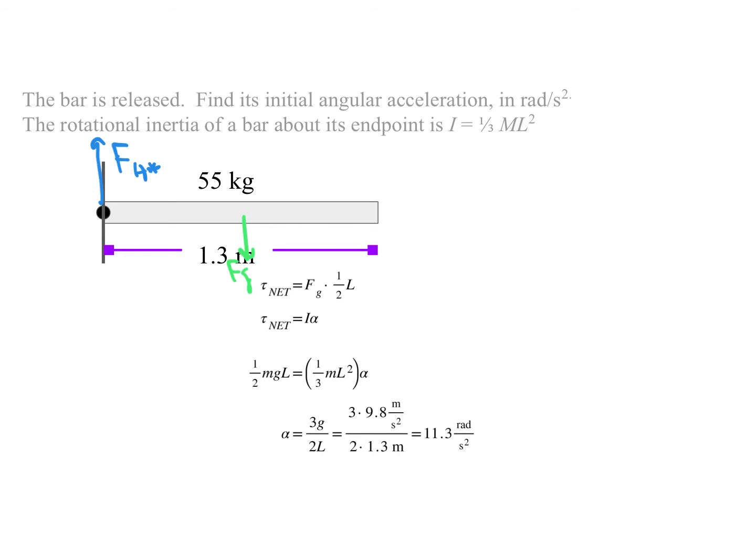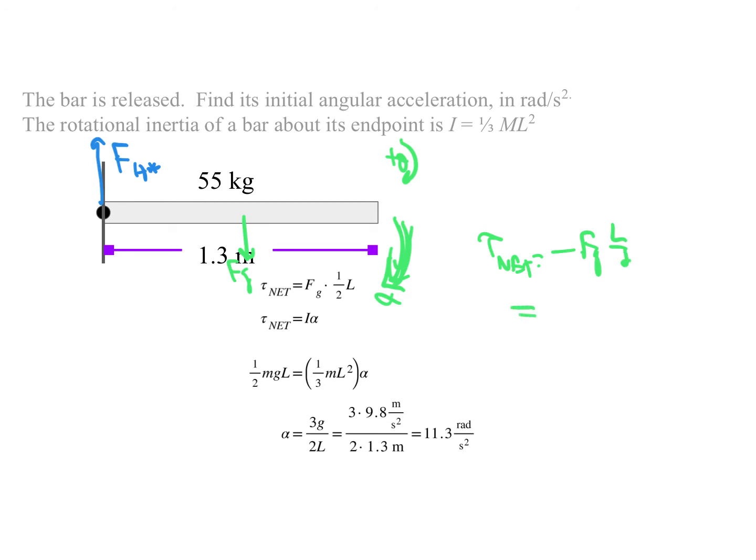You'll notice that here I haven't used the minus sign, and maybe that's bad, but to be consistent, we still have that this goes this way. And for this problem, I'm going to take theta as positive in the clockwise direction. Why? Because the acceleration's in that direction, and in general, it helps to have one of your axes line up with your acceleration. If we didn't do that, then we would have had tau net equals minus Fg times L over 2.